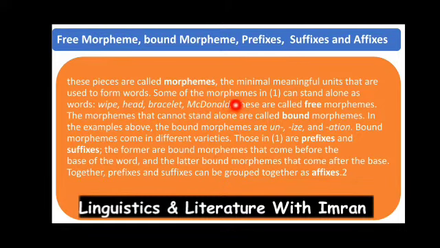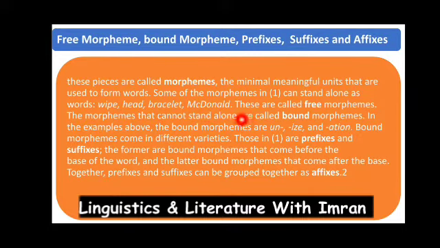Some of the morphemes can stand alone as words, like wipe. So we call them free morphemes. Wipe is a free morpheme, hat is a free morpheme, bracelet is a free morpheme, and McDonald is also a free morpheme.